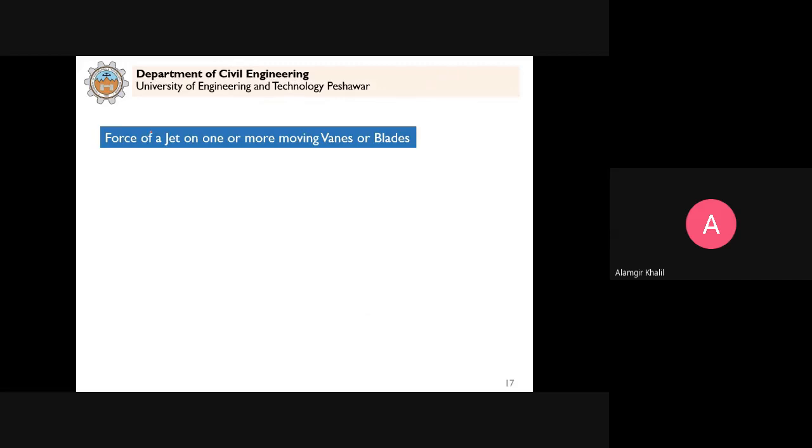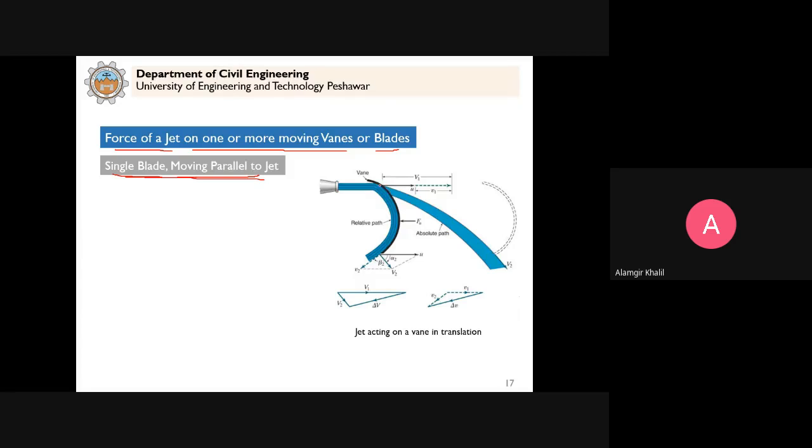Now we come to how we can calculate the force of a jet on one or more moving vanes or blades. First we consider a single blade which is moving parallel to the jet. You can see we have this single vane and it is moving with a velocity u, translating in this direction.